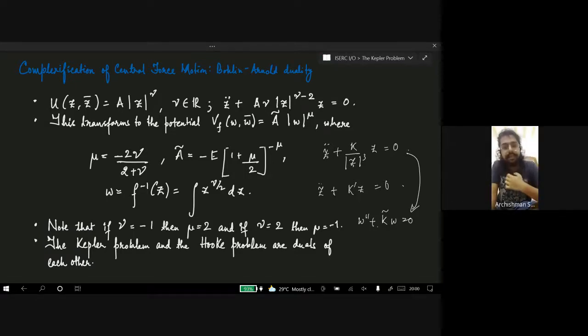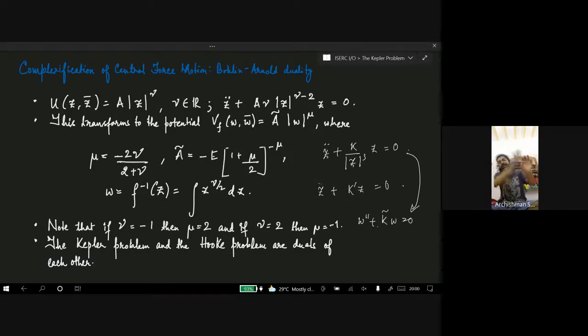Yes. It's not a 1 by r cube potential. It's a 1 by r potential, and an r square potential. Yes. So is this true only for that 1 by r potential? No, no, no. This is true for every power law potential.